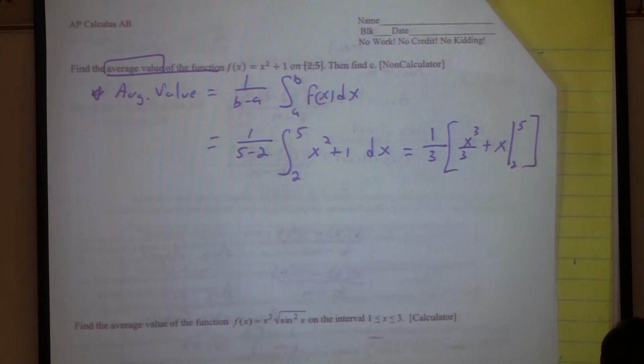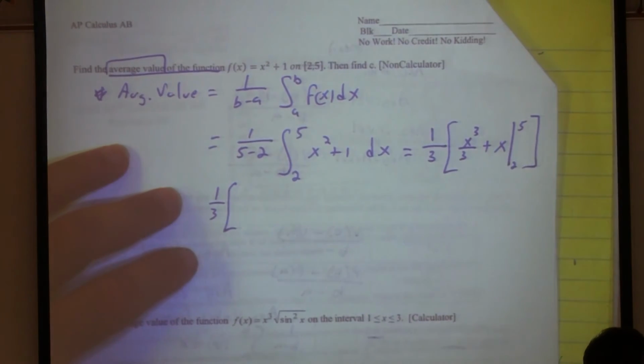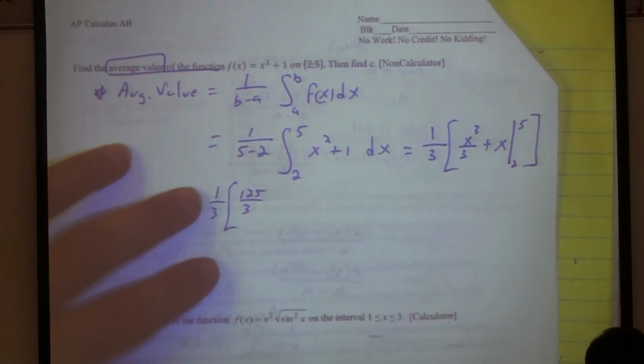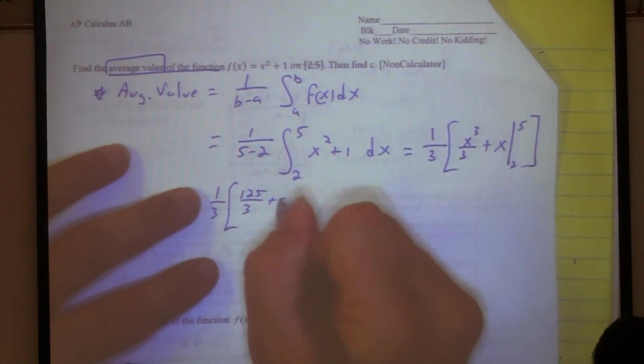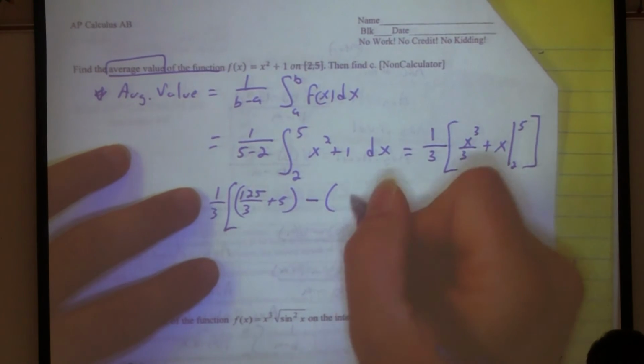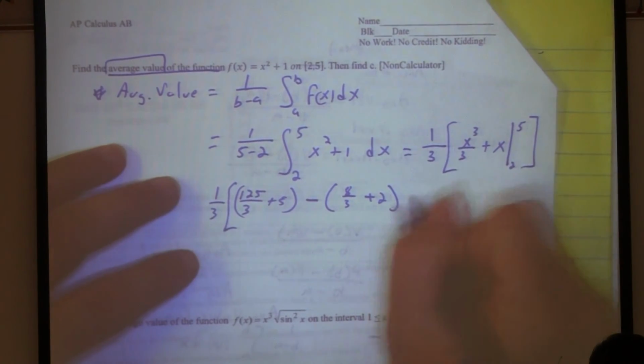So what do we end up with there? Plug in the 5. 5 to the third, 125. 125 over 3 plus 5, minus, plug in the 2. 8 over 3, 8 over 3 plus 2.